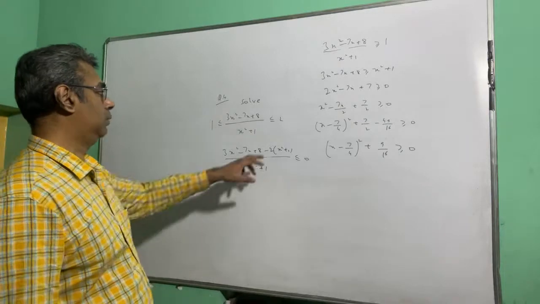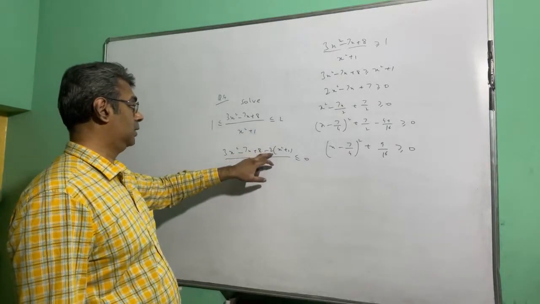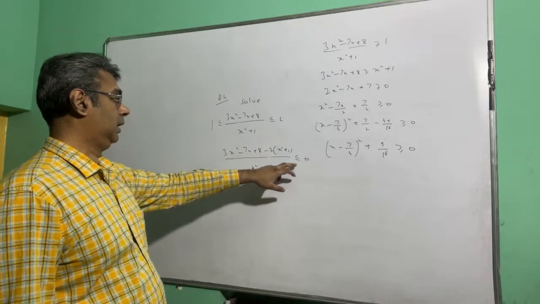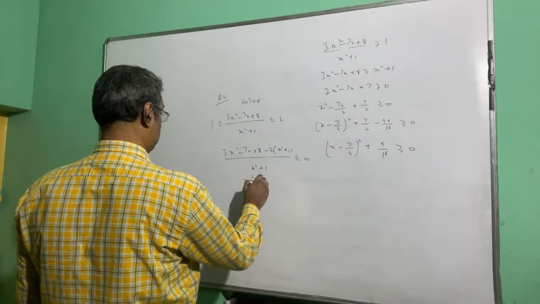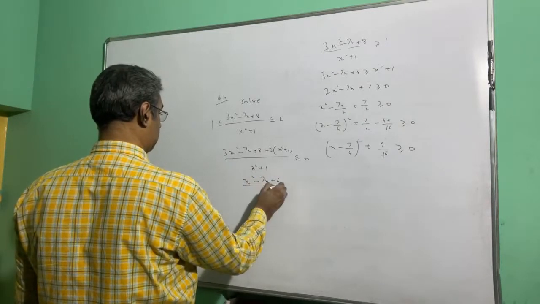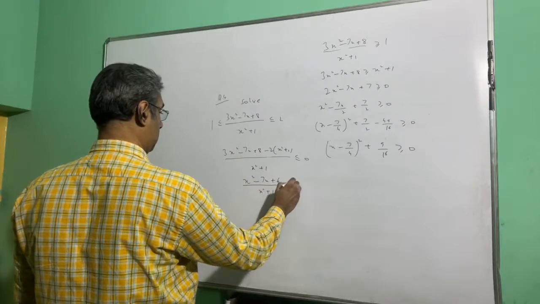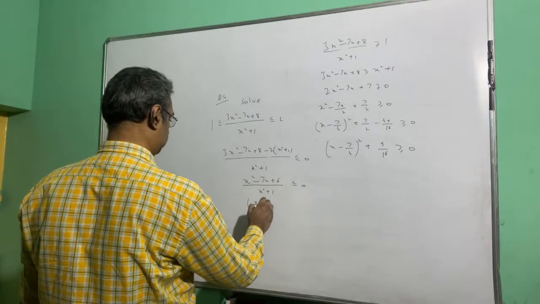So if you bring 2 to the left, then (3x² − 7x + 8 − 2(x² + 1))/(x² + 1) is less than or equal to 0. So it will come (x² − 7x + 6)/(x² + 1) less than or equal to 0.